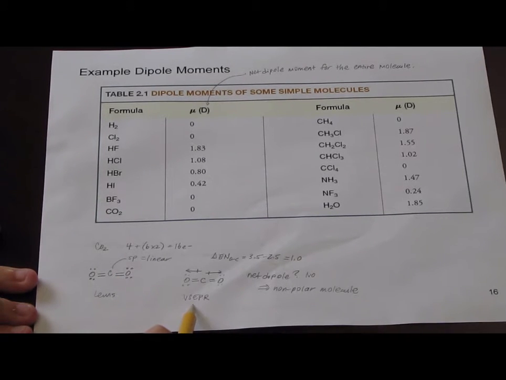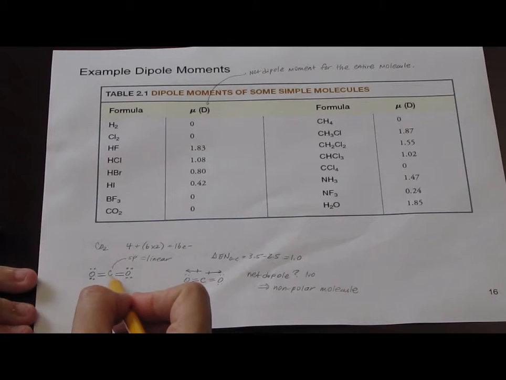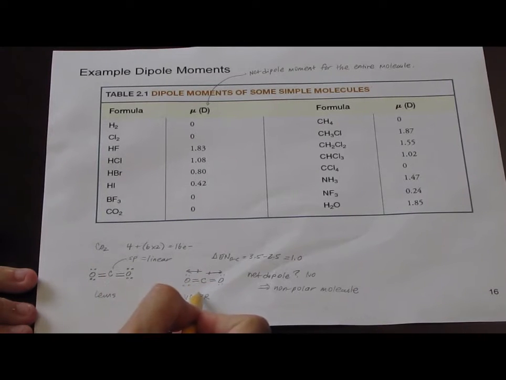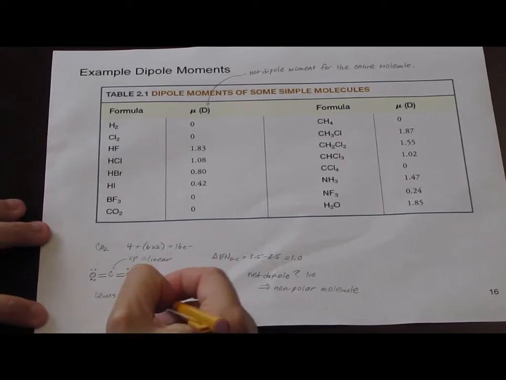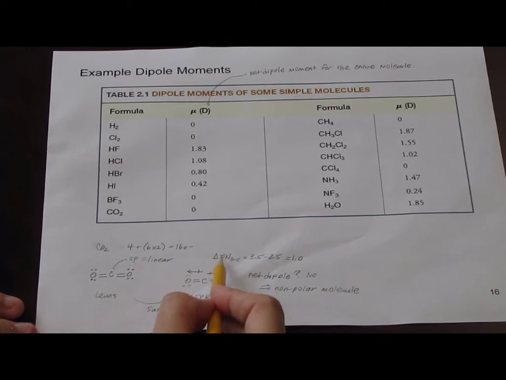You have to have the VSEPR geometry though, so you have to look at your Lewis structure and convert it to VSEPR. The carbon has 2 bonding areas, which is sp, and so sp is linear, and so your VSEPR is the same as the Lewis structure in this case. You ask yourself, do I have polar bonds?